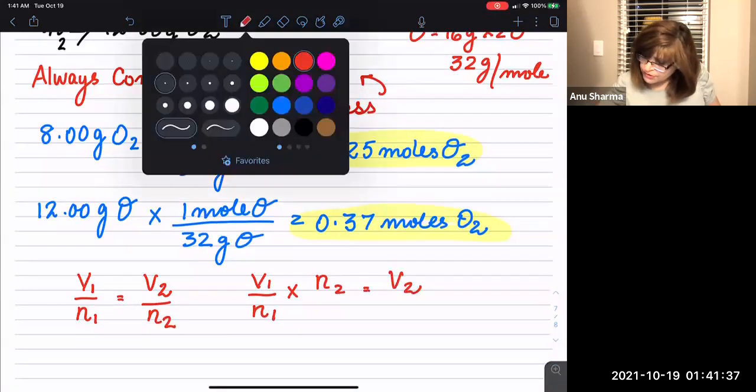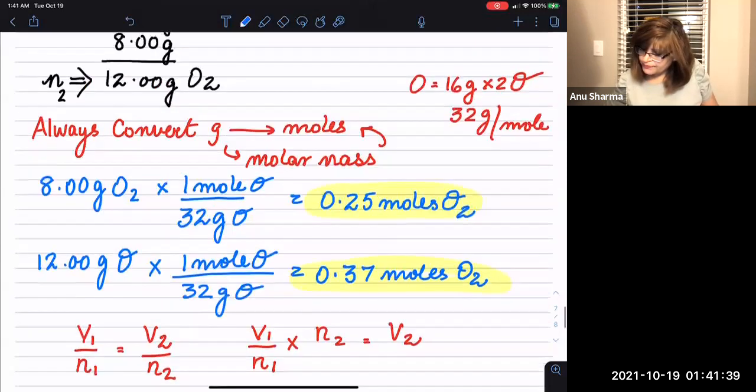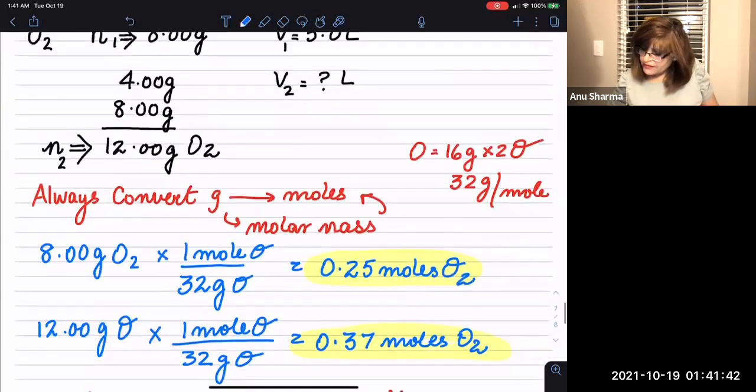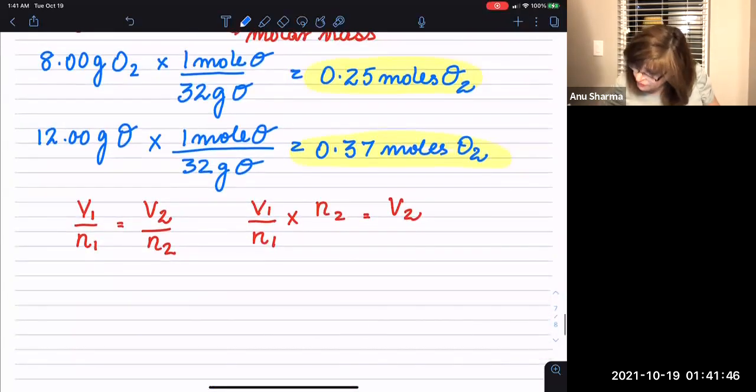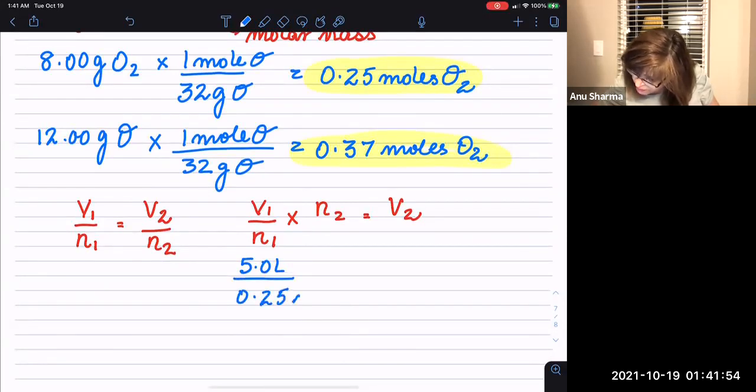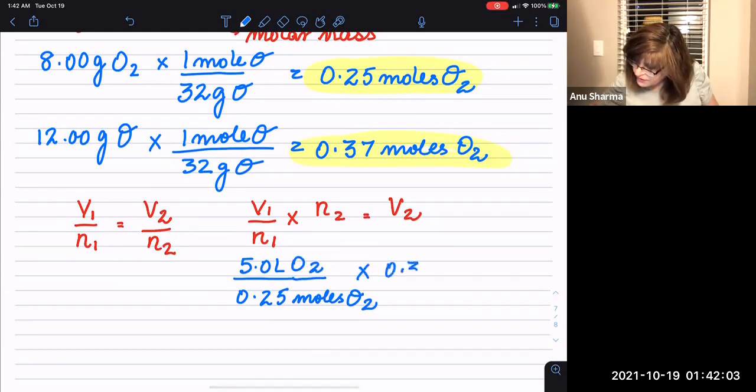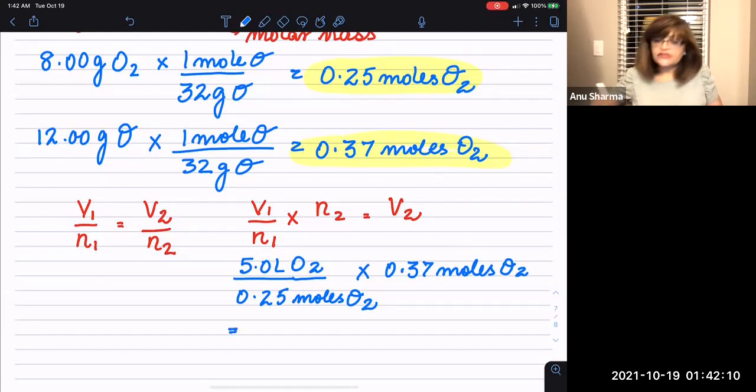So plug in the numbers: 5.0 liters of oxygen divided by 0.25 moles of oxygen, times N2, which is 0.37 moles of oxygen. Always write down the context. And then what do you get here? Let's do the math.